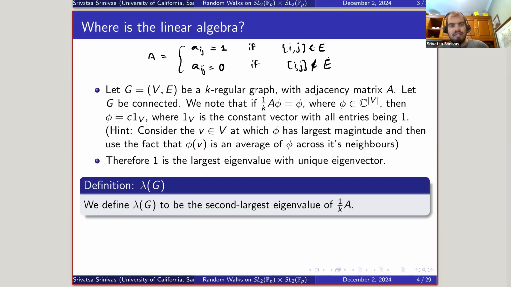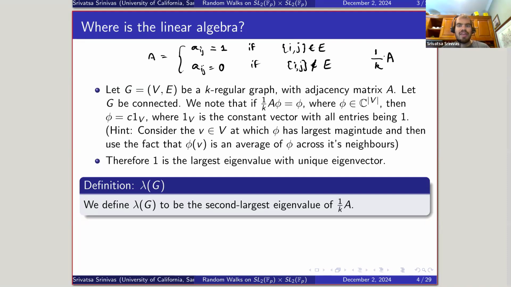Okay, so if you have a k-regular graph with adjacency matrix A, then we can take the matrix (1/k)A, and this basically represents a sort of random walk. Well, it's not really a random walk in this case because your A is arbitrary, but this will be a matrix that will represent a random walk in the future, and I'll get to that.